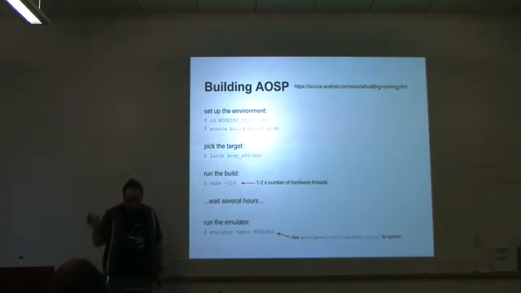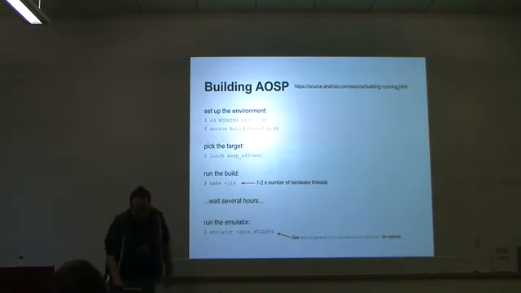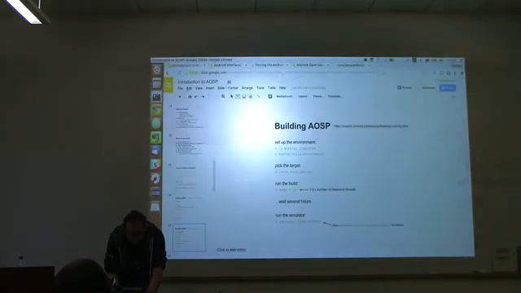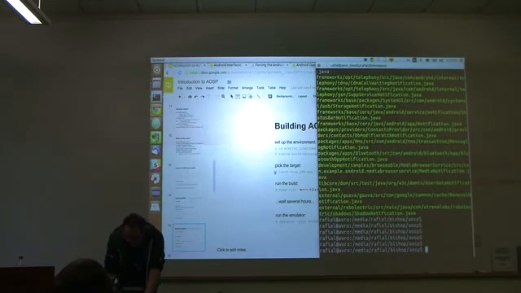Okay, so you want to build AOSP. So you downloaded the code. You go into the directory where you downloaded the code. So I mentioned, okay, so here we are in my AOSP directory. So I mentioned that the first thing you need to do is source this file to get some things set up.